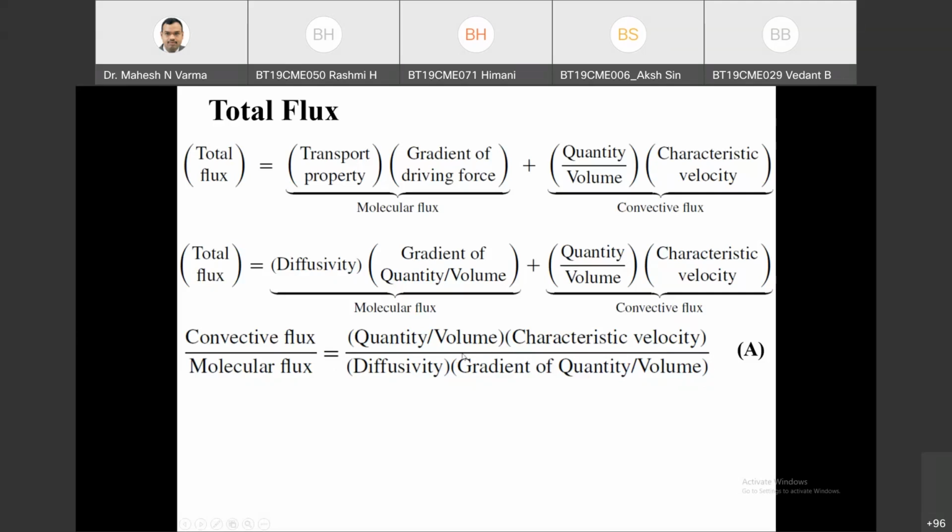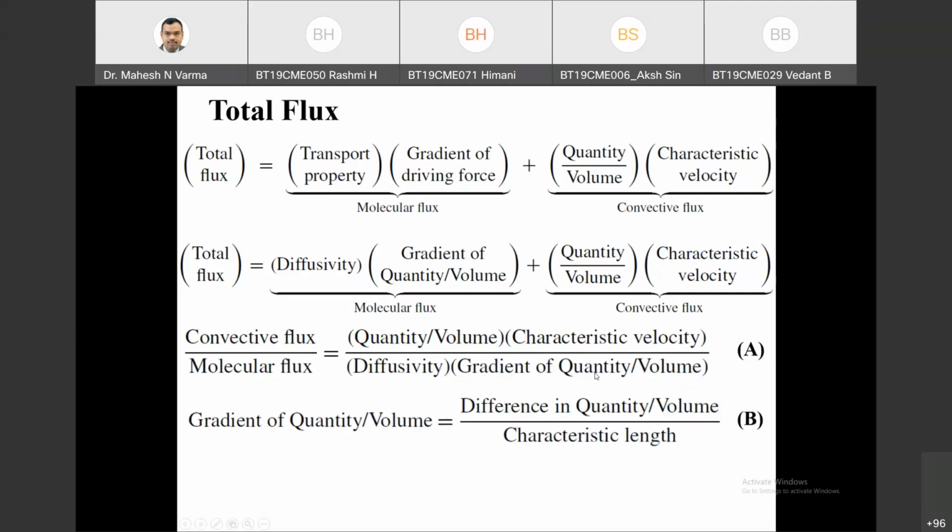Now I want to analyze this because I am interested in the dimensionless number. What are the dimensions of quantity per unit volume? The gradient of quantity per unit volume is the difference in quantity per unit volume divided by characteristic length.